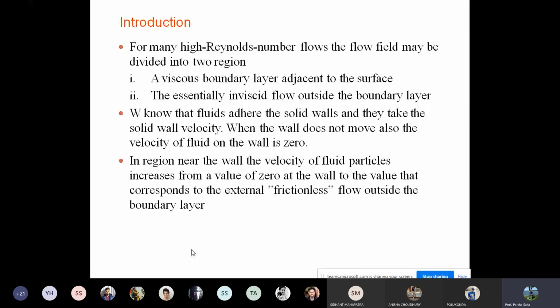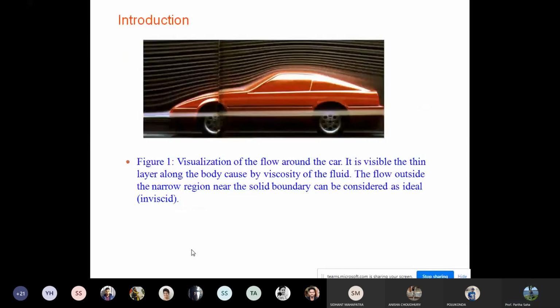Okay, so let us examine this by looking at a car. If a very high speed wind is flowing, what happens? The car is in a stationary position, as you can see, but since the fluid pattern is obstructed by the car, the fluid flow takes the shape of the car, where the velocity is minimum, almost zero, at the interface or boundary of the car body and the fluid.